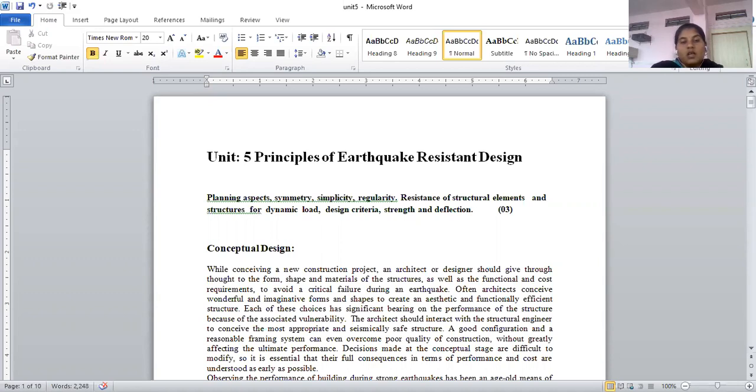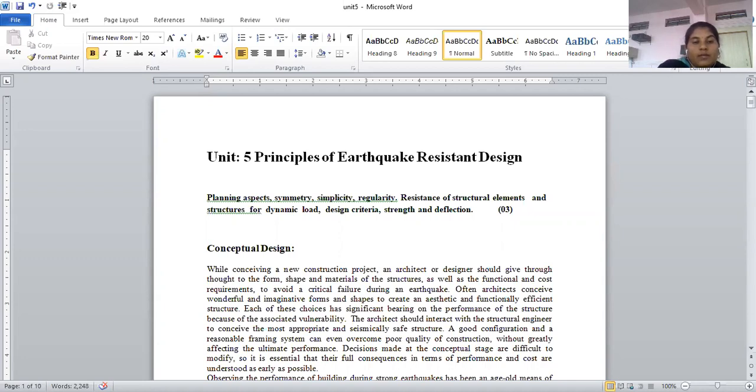Now we'll see the second aspect, that is simplicity and symmetry. So write down simplicity and symmetry. Simple structures are good due to the following reasons.